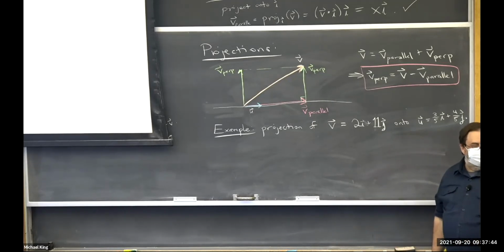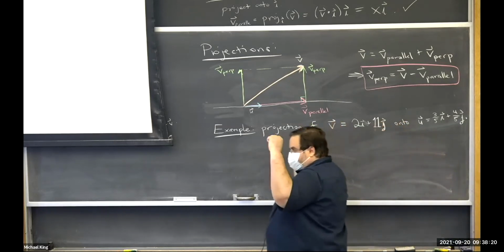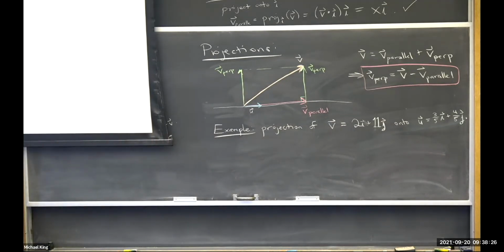Did the perpendicular work, or have you tried that yet? Well, that's how you find the perpendicular, subtracting it from the parallel. But if you want to check two vectors are perpendicular, you dot product them and see if you get 0, right? You got 0. It's one of the times you're happy to get 0.